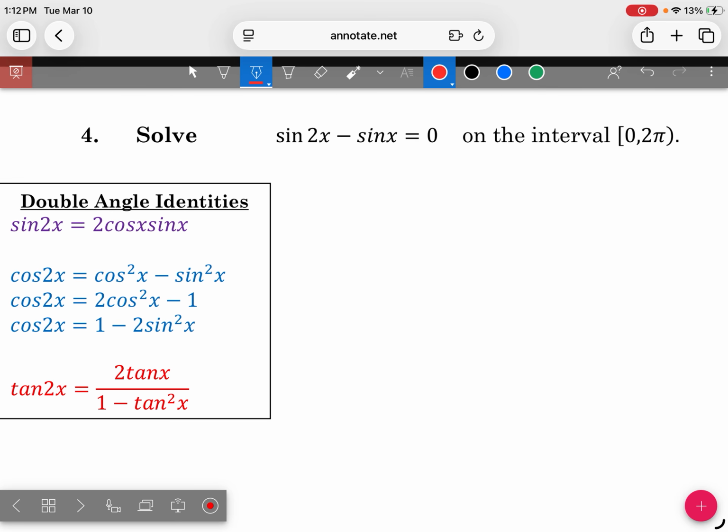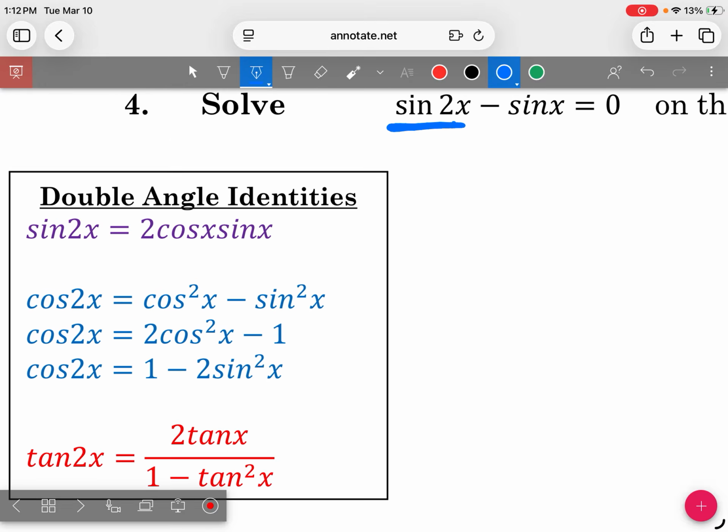Or maybe it's not on the next page for you all. Okay, do you see a double angle? Yeah. Right here. So there's only one option for a sine double angle though. That's my only choice.